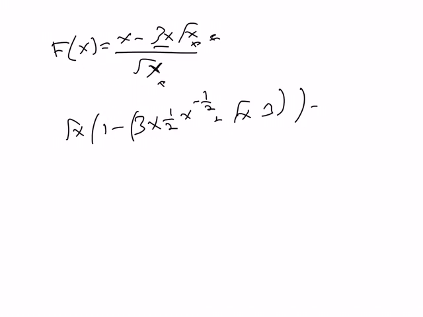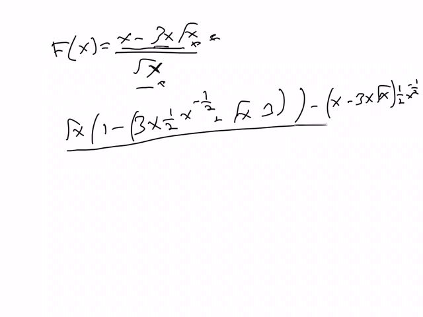Minus, now keeping this and taking the derivative of this, so this is going to be minus (x minus 3x square root of x) times a half x to the negative a half, and then we take all this over the square root of x squared. Oh, right, on the bottom we don't take the derivative, we take the square of this, which is just x. Let's see if we can try to simplify this.